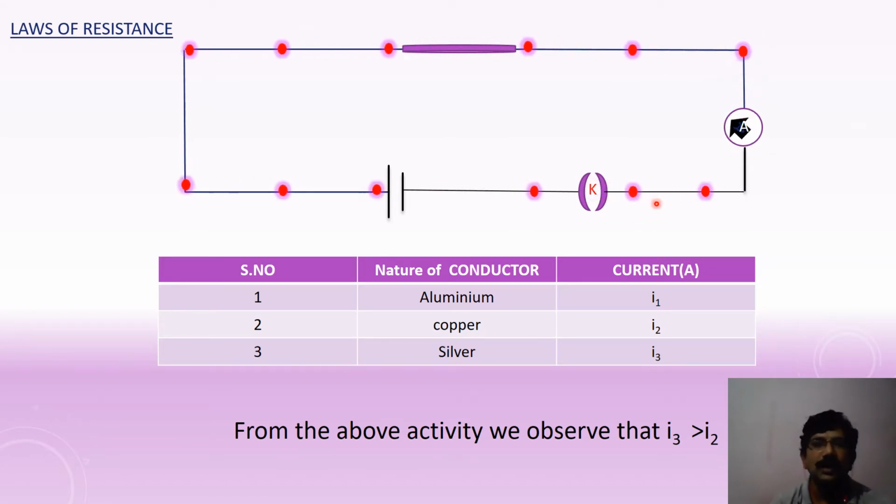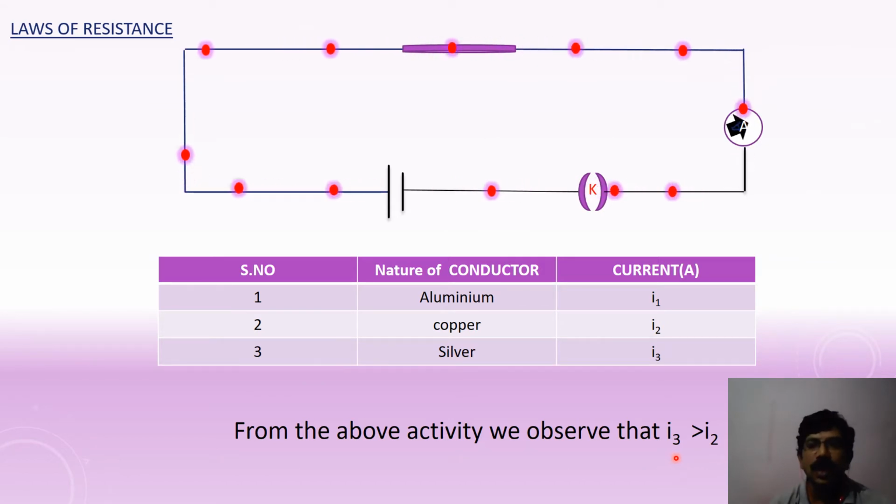With all these three observations, it is clearly understood that in the beginning I took aluminum as the conductor, next I took copper, and then I took silver. In all these three instances, I observed that the current flowing in silver is more than copper, which is more than aluminum. So I can conclude that silver is a good conductor because it offers less resistance.